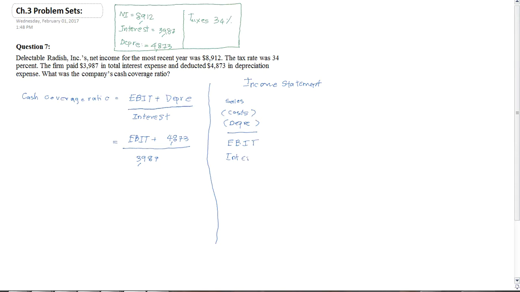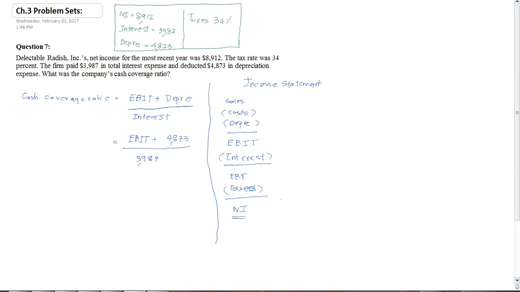Because interest is an expense, it is subtracted out, leaving us with EBT, earnings before tax. The next step before the bottom line is to subtract the tax, and at the end we have net income. That's the normal formal pattern for an income statement.